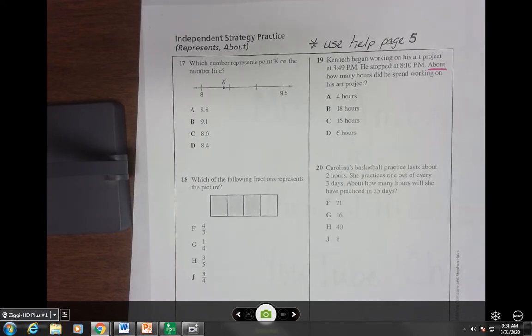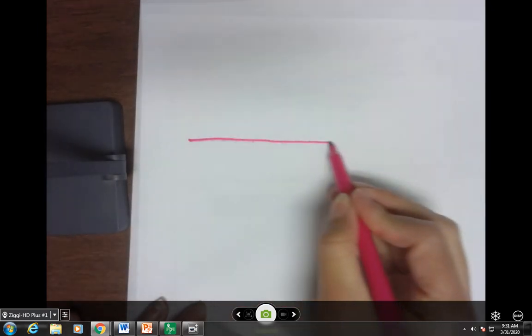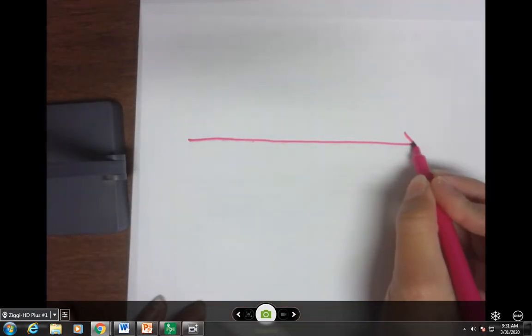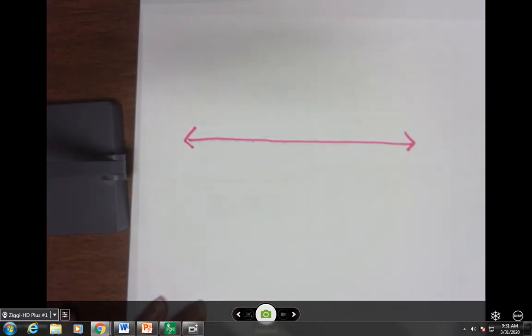But let's go back all the way to right before spring break on how we set up time problems. Remember, we do all of our time problems, no matter if they give us a start and end time, on a number line. A number line is a line with numbers, and we put arrows on the ends because it goes on forever and ever in both directions.